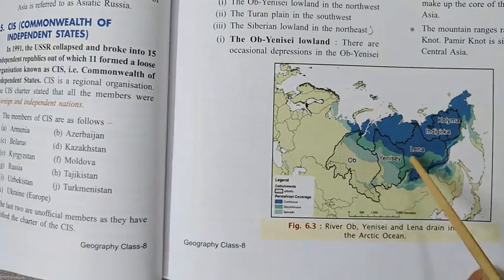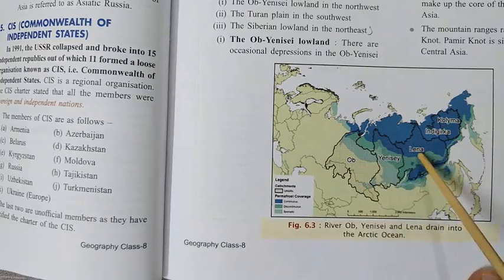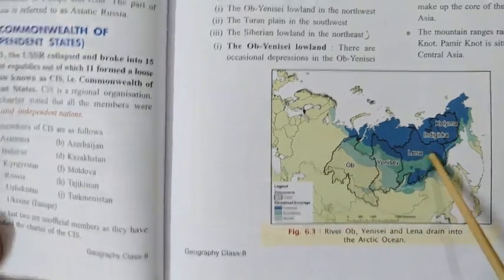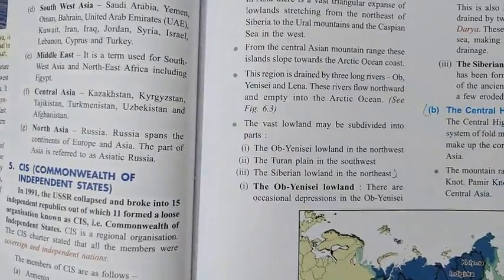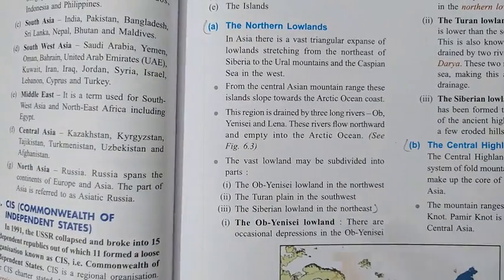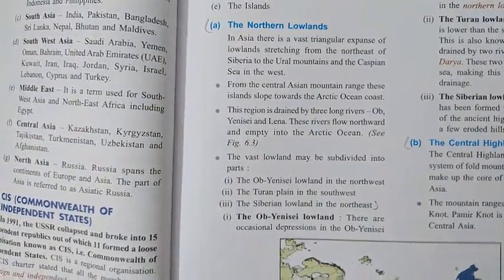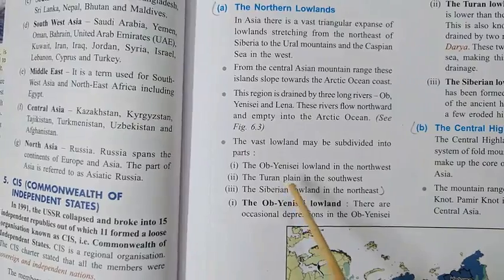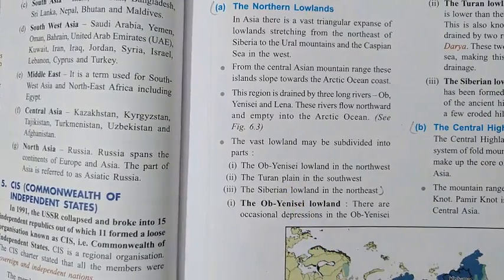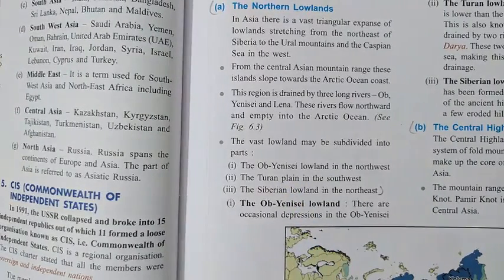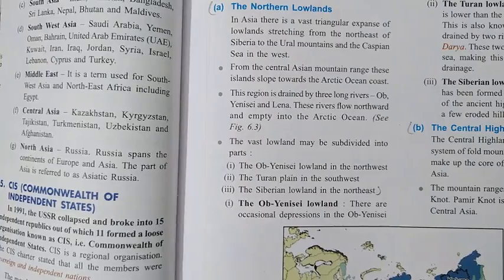Three of these rivers are very important: Ob, Yenisei and Lena. And we are going to see these 3 lowlands. Usually the whole lowland here in Russia is known as the Siberian plain. There are so many rivers that drain from the Ural mountains, and there are many mountains in the central part of Asia.